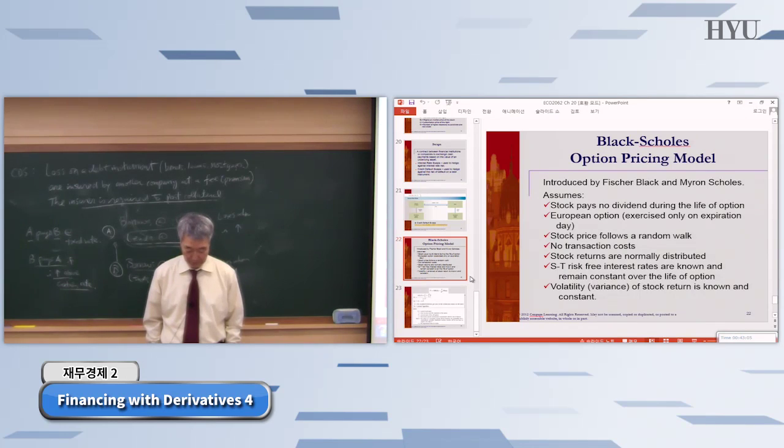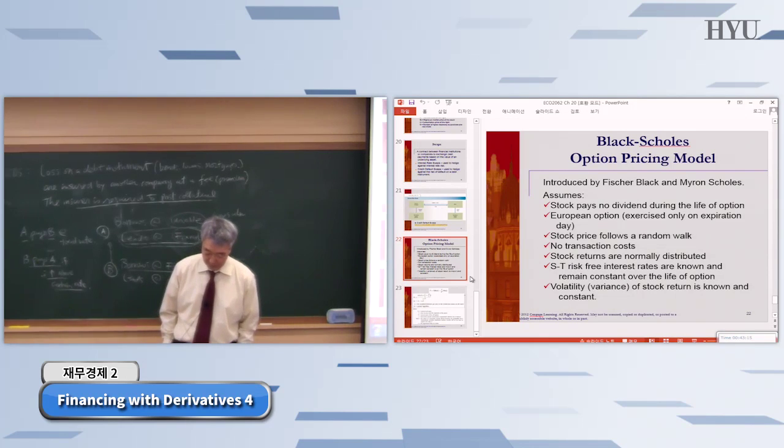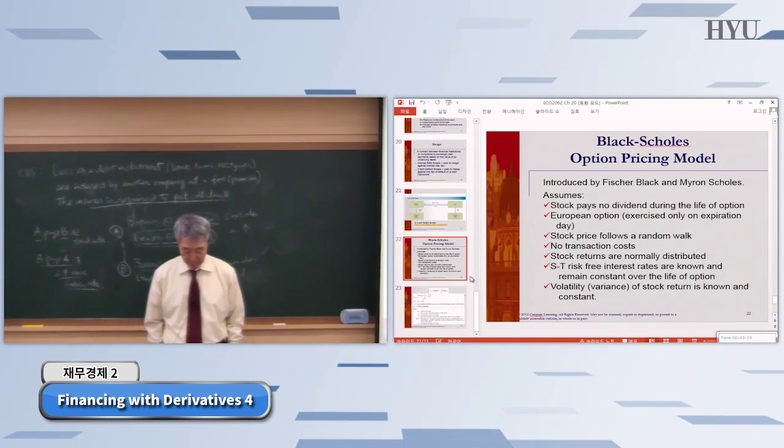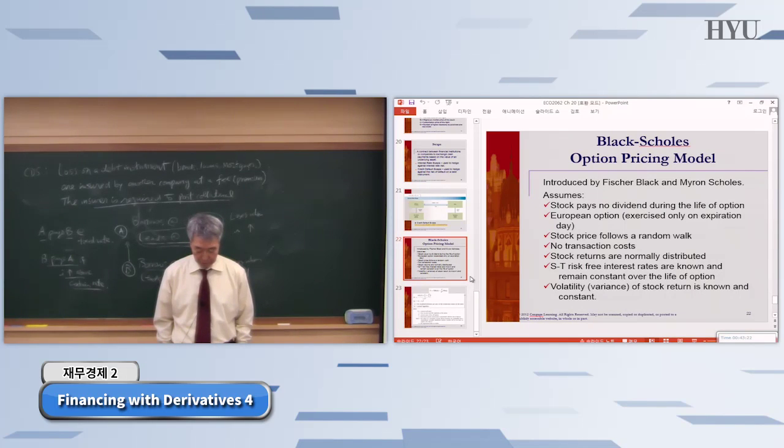And short-term risk-free interest rates are known, and they remain constant over the life of the option. That's another very interesting assumption. Short-term risk-free interest rate. For a short-term option, it may be realistic, right?